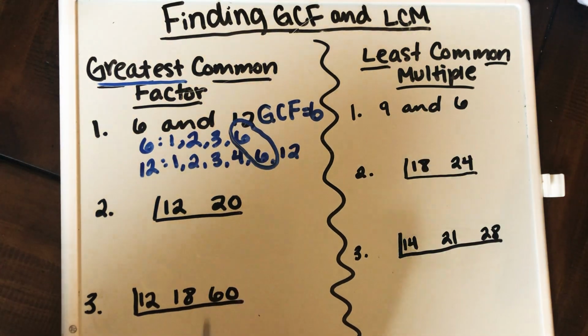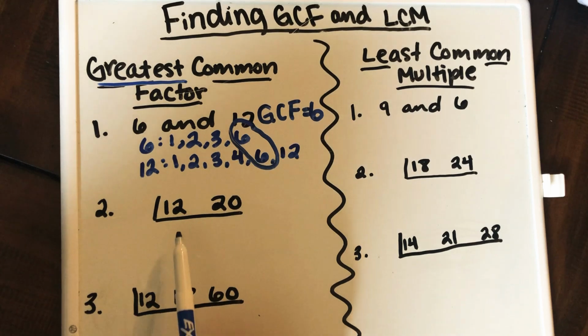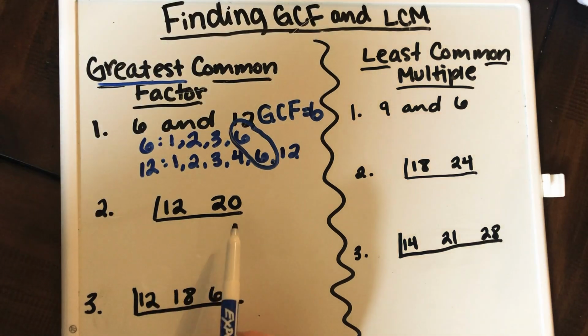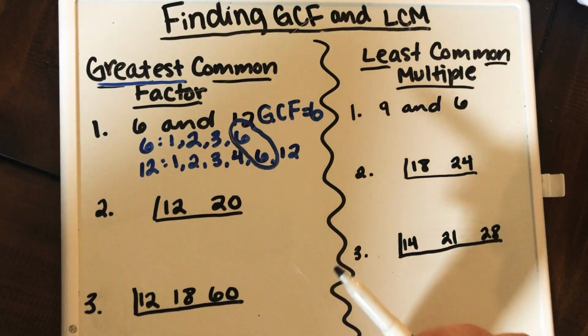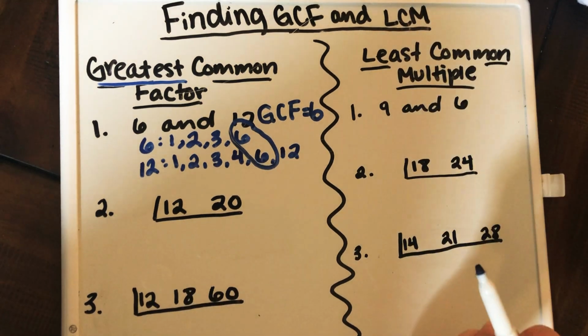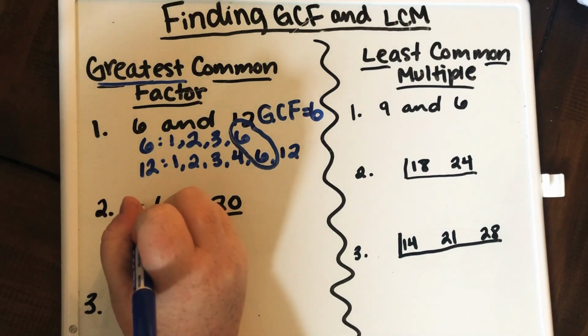So what we're going to do is, again, we're using those divisibility rules that we talked about yesterday. We're going to look for the smallest number that both of these 2 numbers have in common. I like to start with the basics. Both of these numbers are even, so I know based on my divisibility rules that 2 can go into both of these numbers.